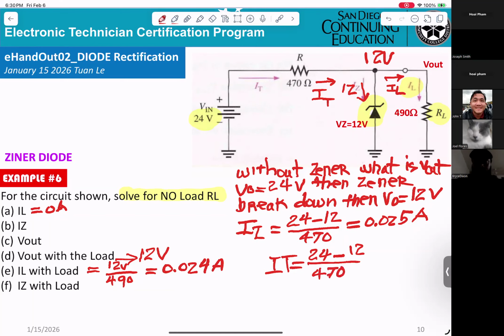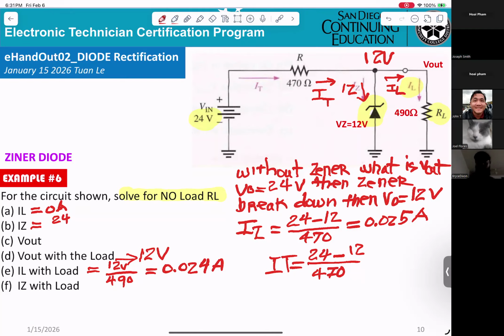Okay, let's see. Where do we get it? Right above, right here. Yeah, you got IT is equal to 24 minus 12 over 470, and it gives you 0.025.